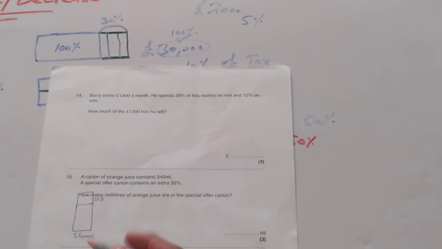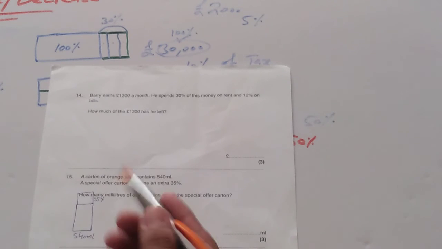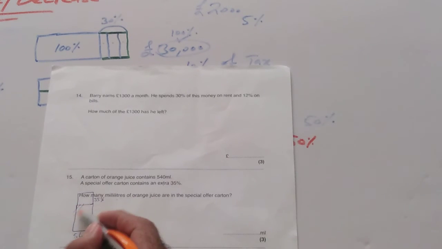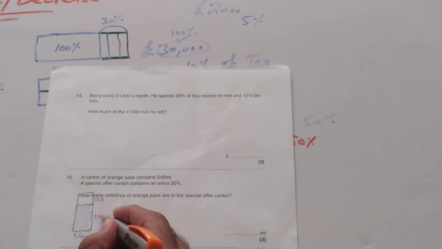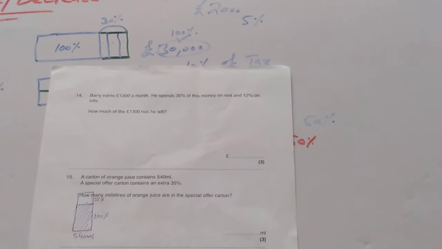So again, if you check, this whole thing is 540 milliliters, but this is 35%. So they both are different units. First of all, make them the same. This whole thing was 540 milliliters, and this was the whole thing, so this whole thing is 100%.